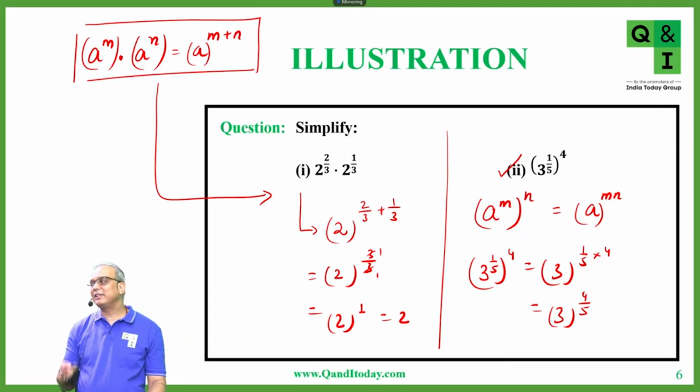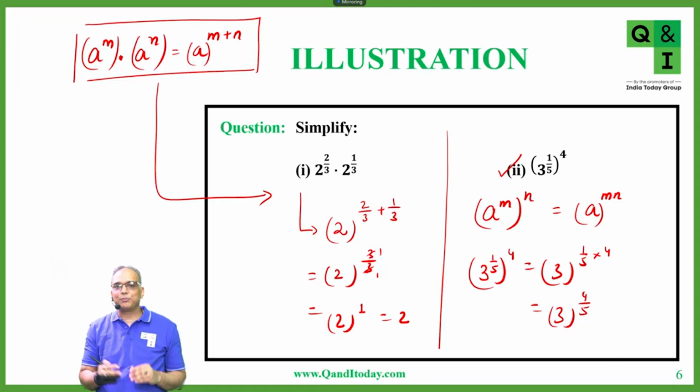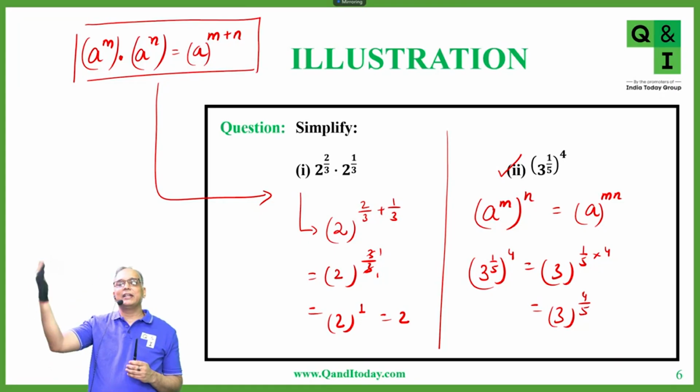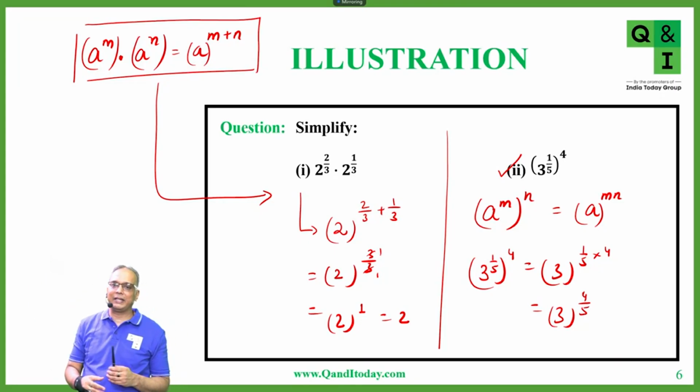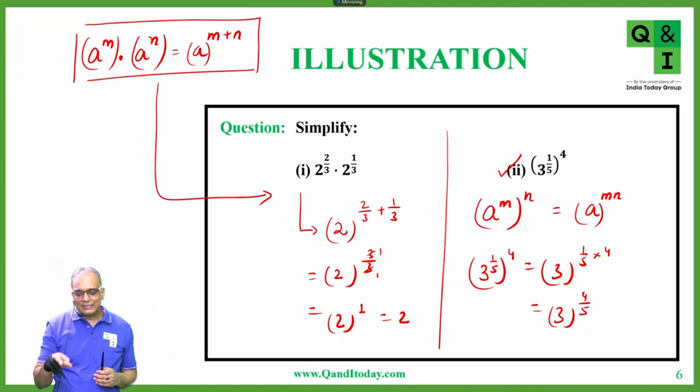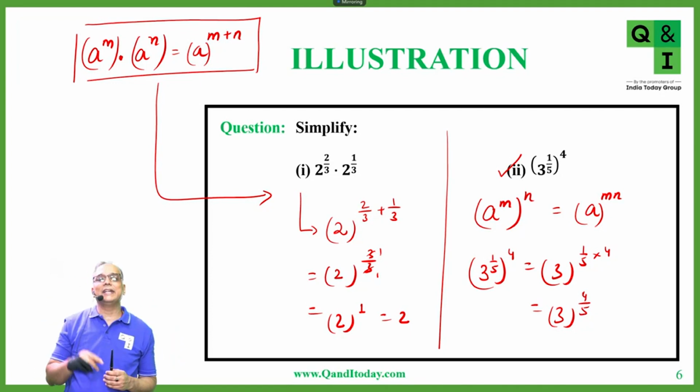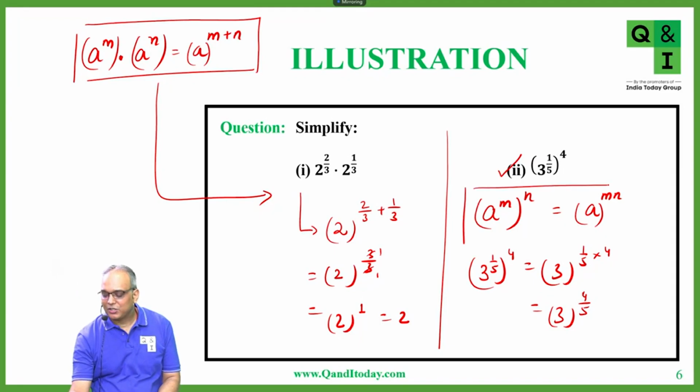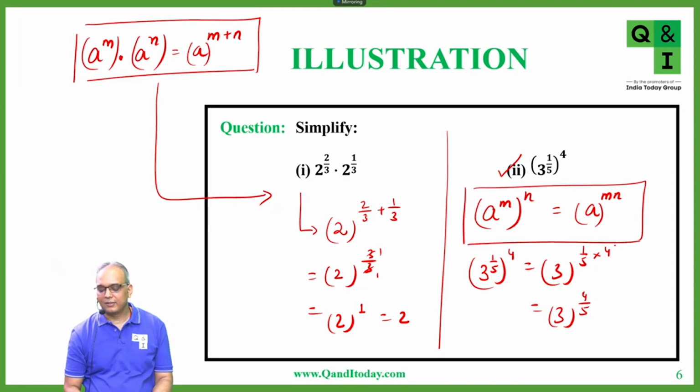The powers will get multiplied here, right? Because what we are taking is the power of power. So we already have an exponent inside the bracket, and then we are taking another exponent outside the bracket. So when such a case is there, you multiply the exponents together, as it is shown here in this formula.